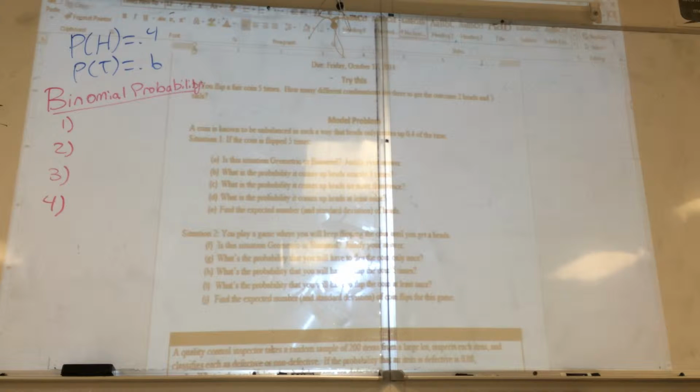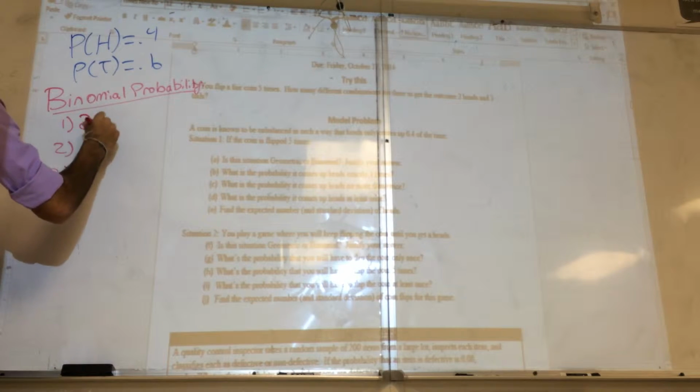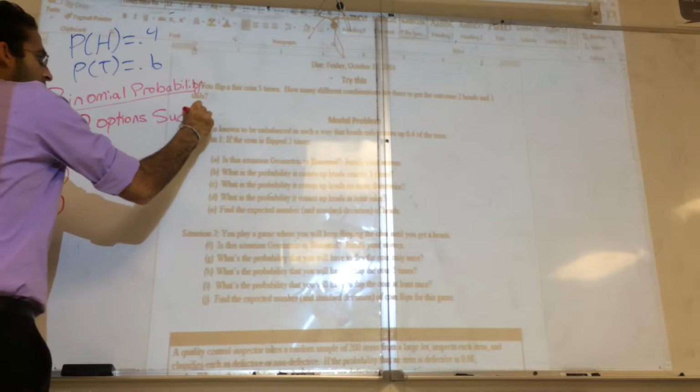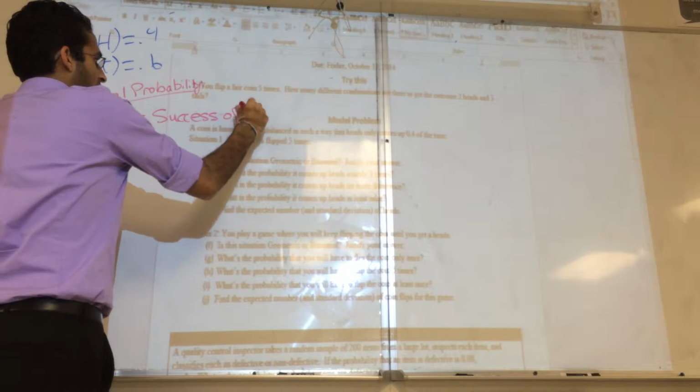So the first thing that has to be true for a binomial probability, the reason it's called binomial, is because there are only 2 options, heads or tails, success or failure. So there must be 2 options, success or failure.